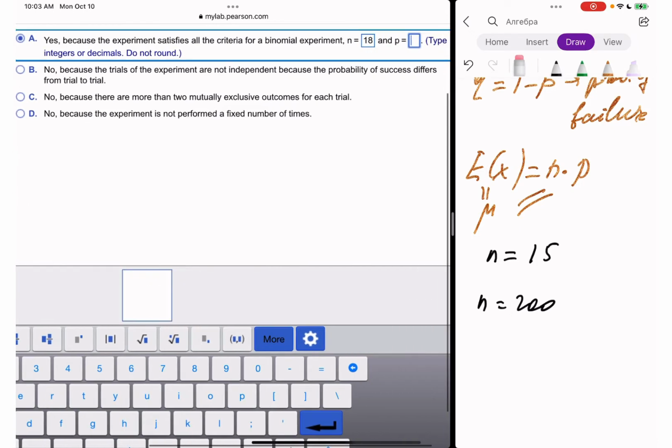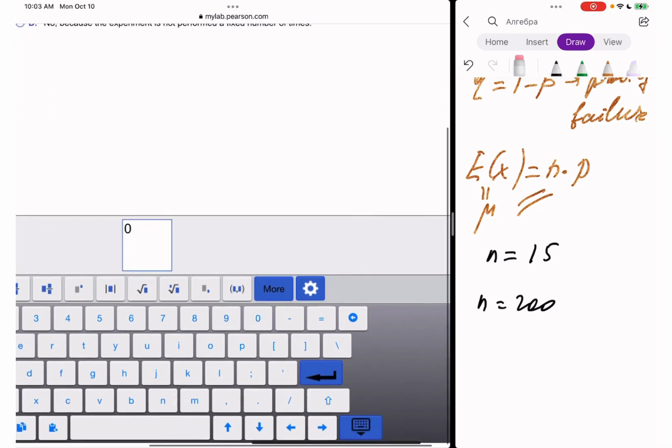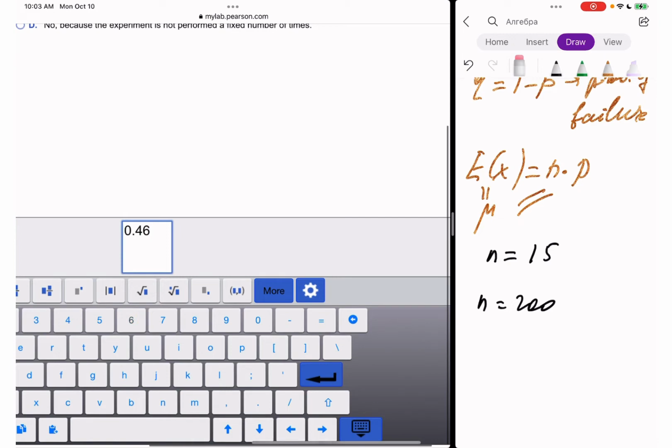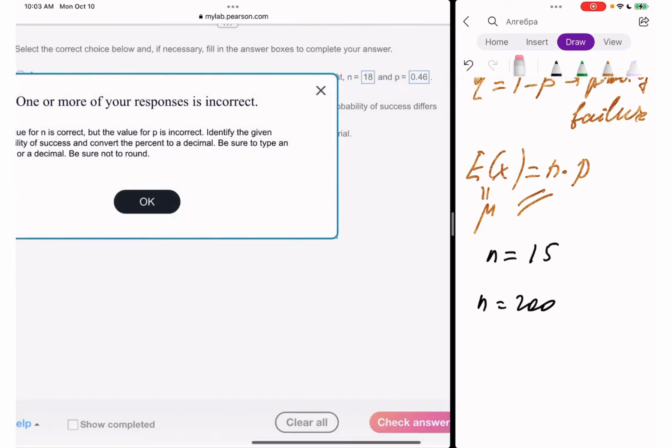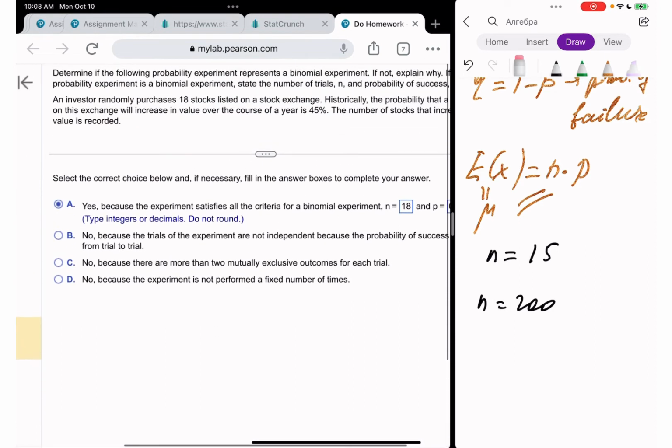Okay, 18, and this is going to be... Let me check which number I put wrong.